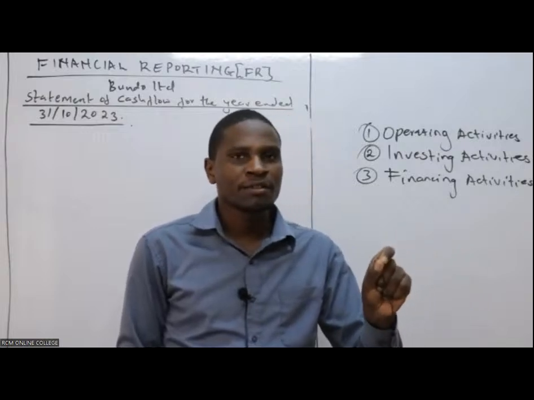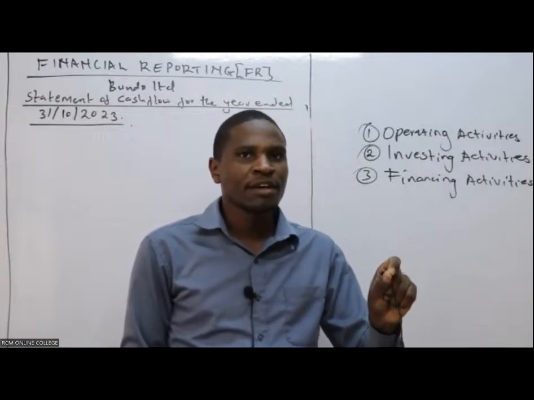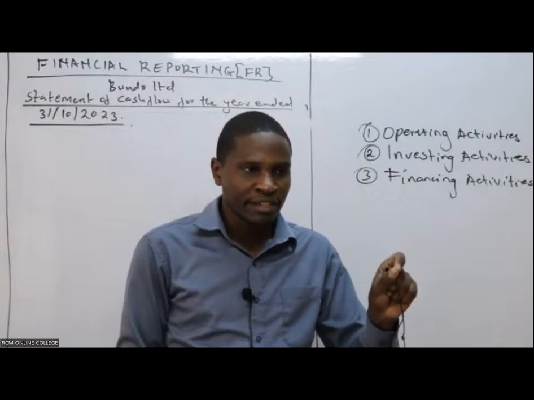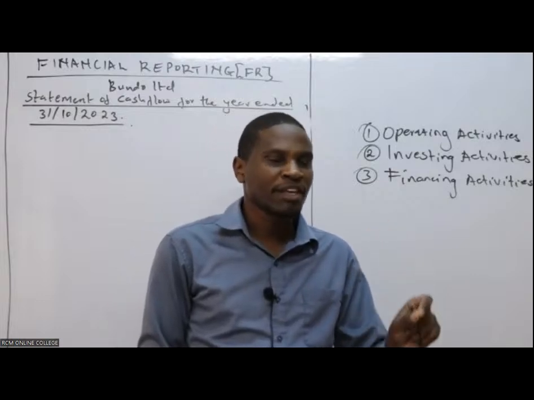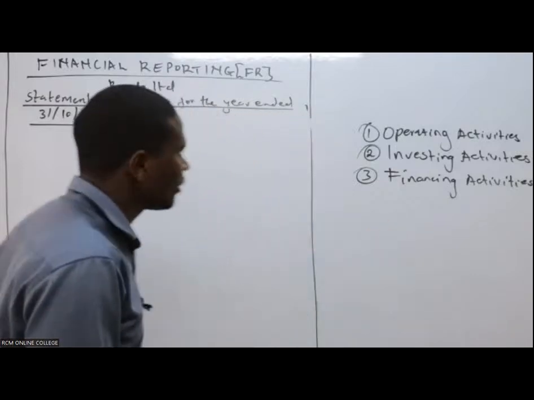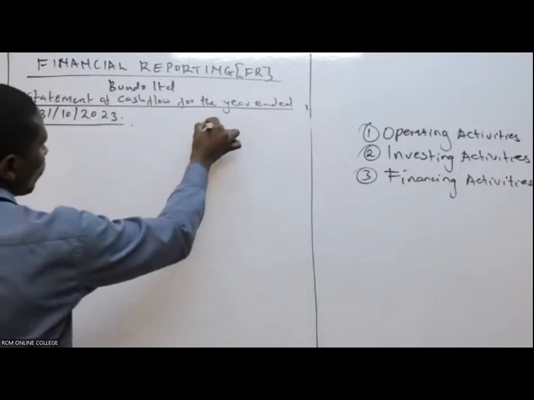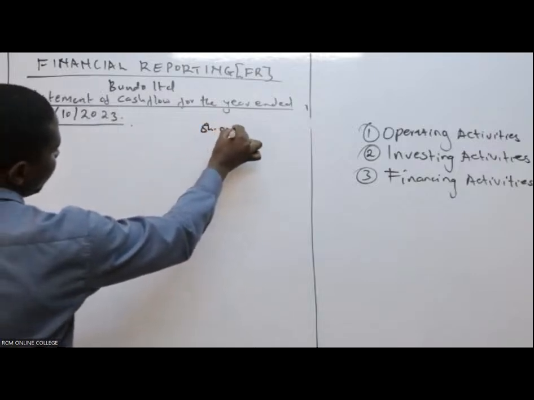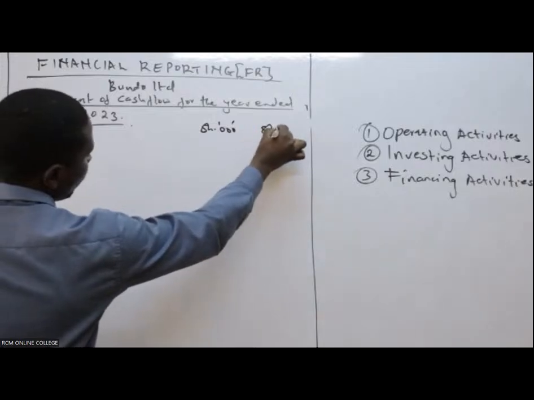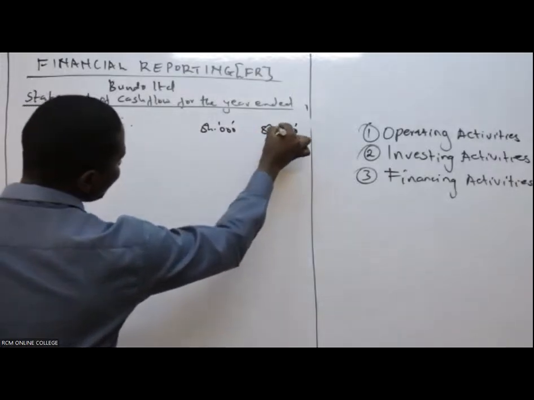In our case, 3 zeros are eliminated. Therefore, our figures are in thousand. 3 zeros eliminated. Very, very important.